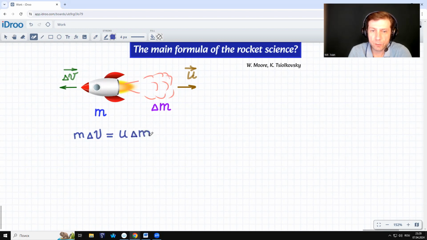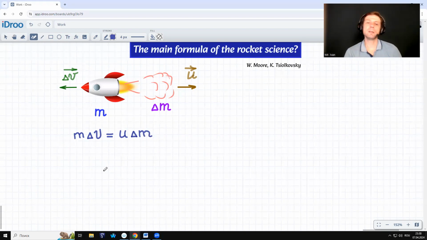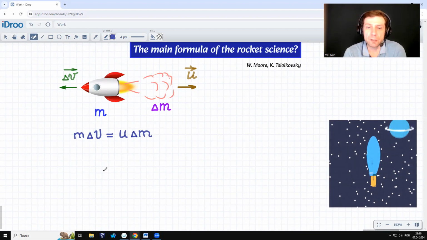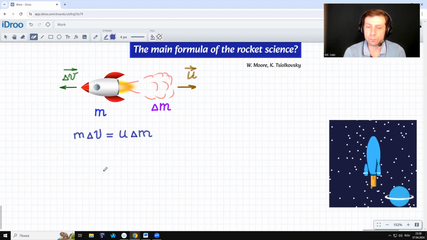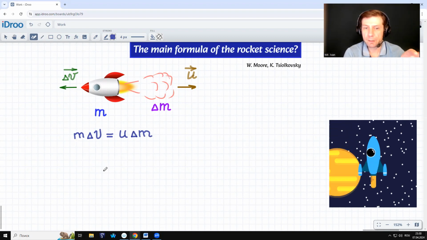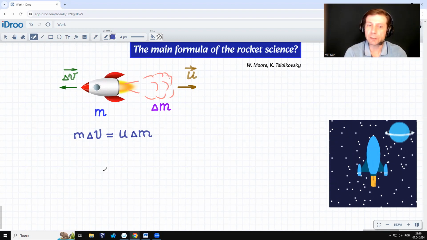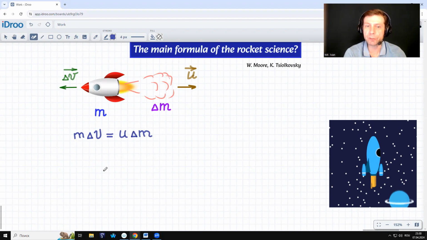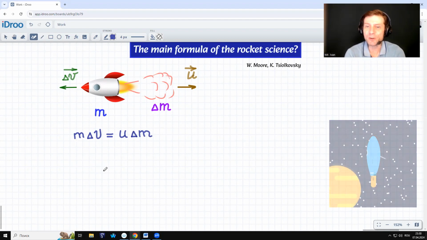And this holds in case we think of delta m as just some mass of gases, regardless of where they came from. The point is that delta m is connected to m, the mass of the rocket itself, and it is a part of the rocket mass.